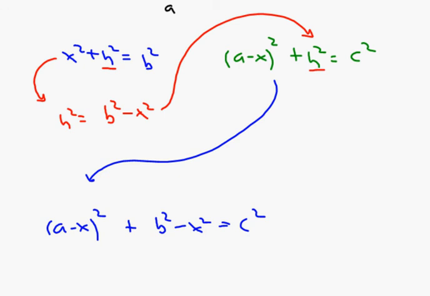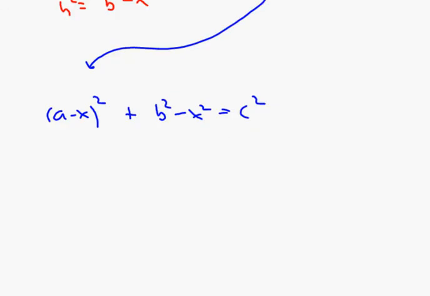Okay. So let's just do a little bit of algebra. This is one of those times where you sort of think to yourself, where are we going, right? You're not quite sure. You don't see law of cosines coming to us anytime soon. So we're just going to sort of see what happens. All right, so if we square this out, we get a squared minus 2ax plus x squared, right?